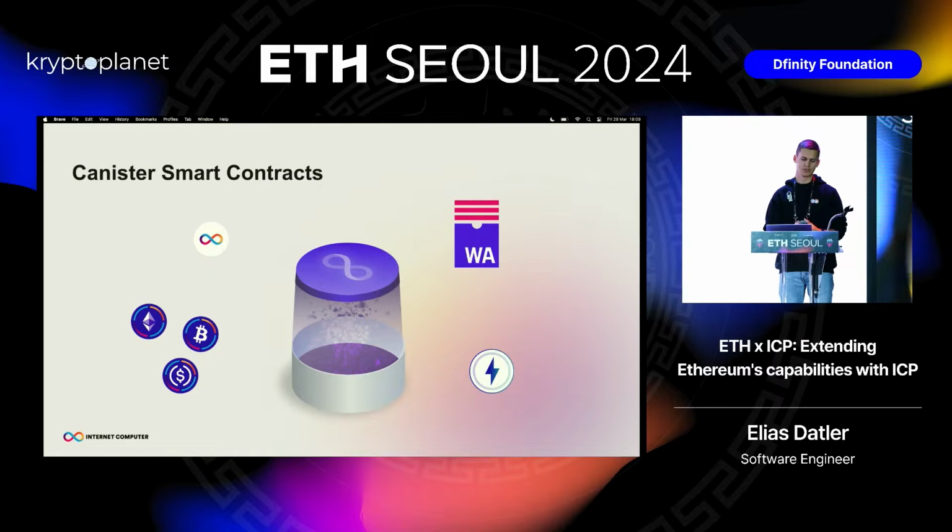And those coins are created without a bridge, so you can think of them like digital twins of Bitcoin or Ethereum, and we use what's called HTTPS outcalls and chain key cryptography to make sure that we can have these tokens without a lot of trust involved.